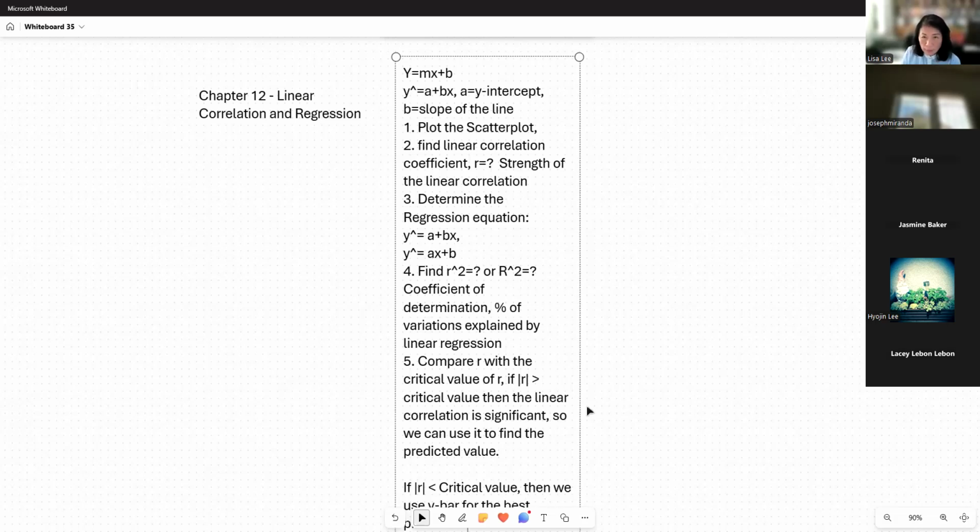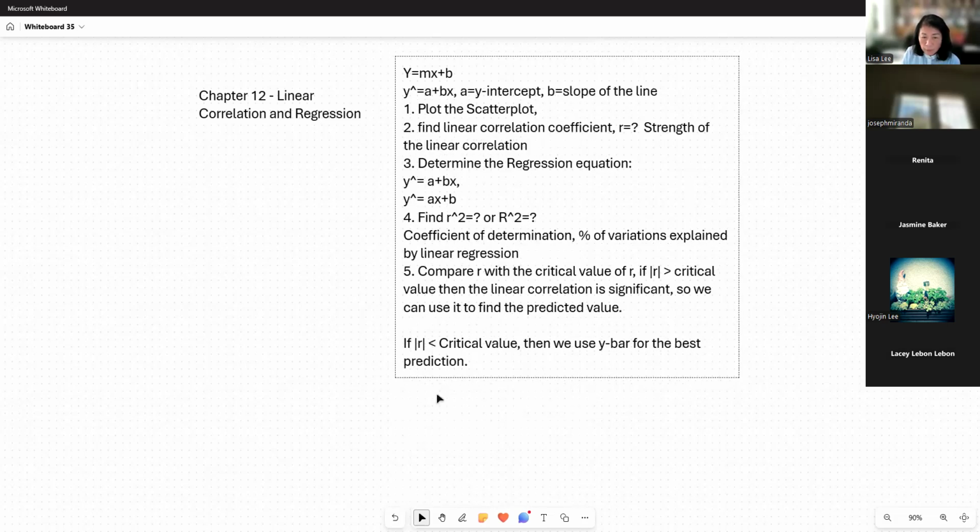What do you mean by that? Because if the absolute value of the linear correlation is smaller than the critical value, that means the R is not significant. So we cannot use a linear regression tool for prediction. So we need to use Y bar. This is a very important concept here.